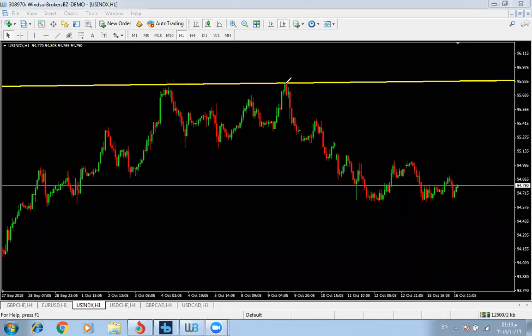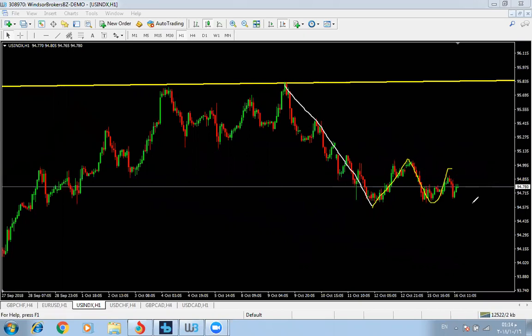This is my impulse. I see it as strong enough to consider it an impulse. Then the correction started from this area, happening right there, as the price is moving sideways.